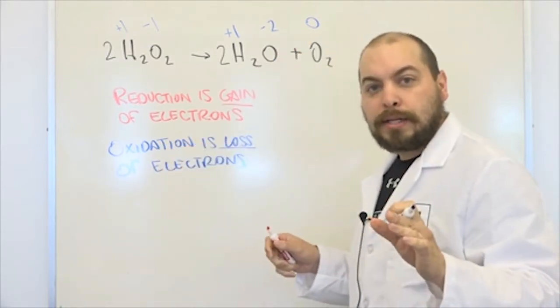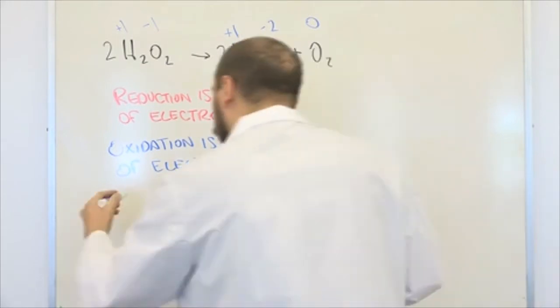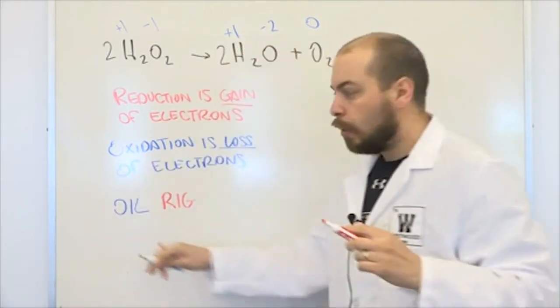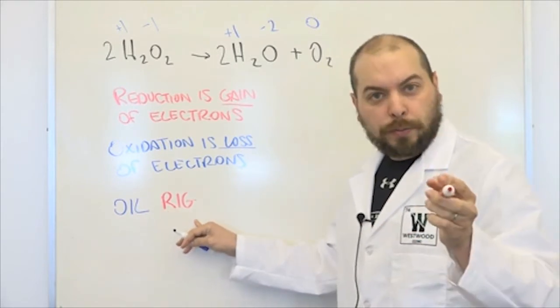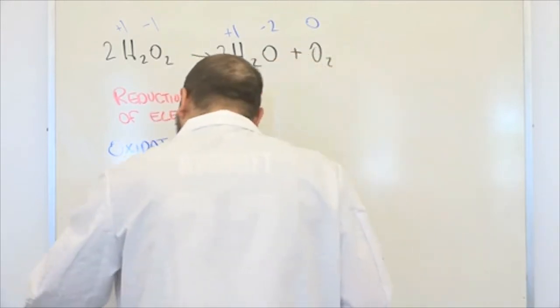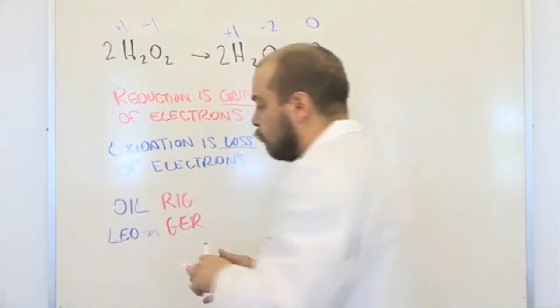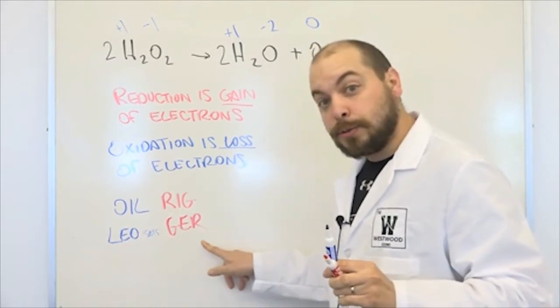Now, a really handy mnemonic you can use for this is OIL RIG. Oxidation is loss, reduction is gain. Another one that's really common is LEO says GER. Loss of electrons is oxidation, gain of electrons is reduction.